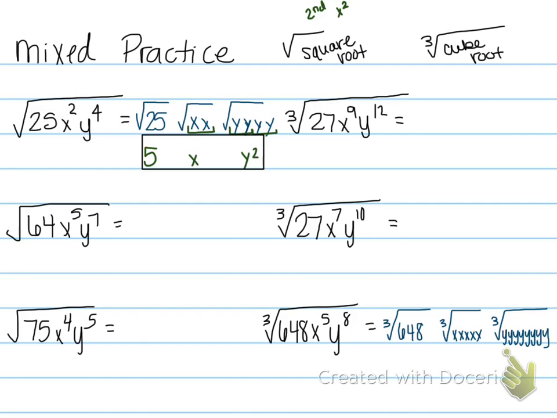So over on the side, I'm going to make my list of perfect cubes. My bottom number is 8. That's 2 times 2 times 2. Then 3 times 3 times 3. 4 times 4 times 4. 5 times 5 times 5. And keep building your list up.